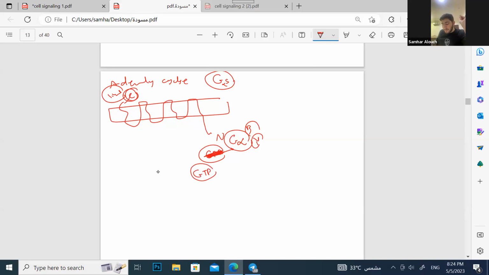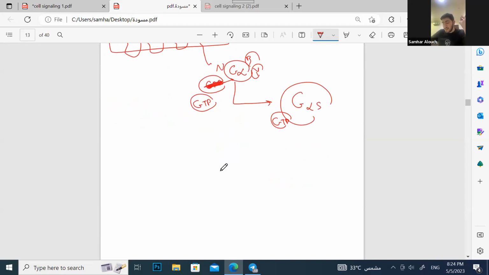And now we have G-alpha S dissociated and it goes. So now we have G-alpha S activated. Where does it go? First, G-alpha S goes and activates the adenylyl cyclase protein.